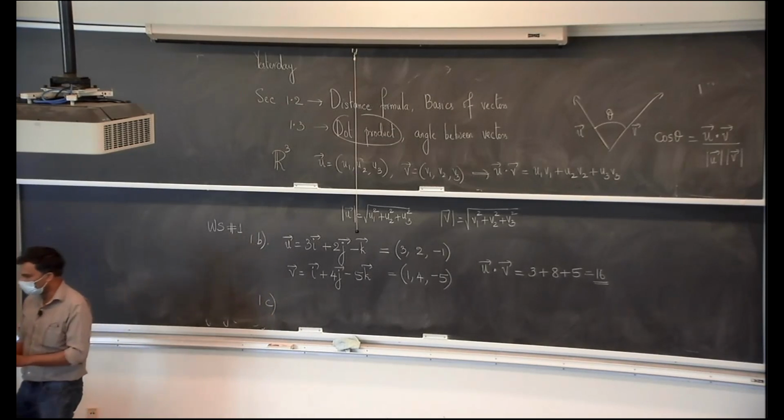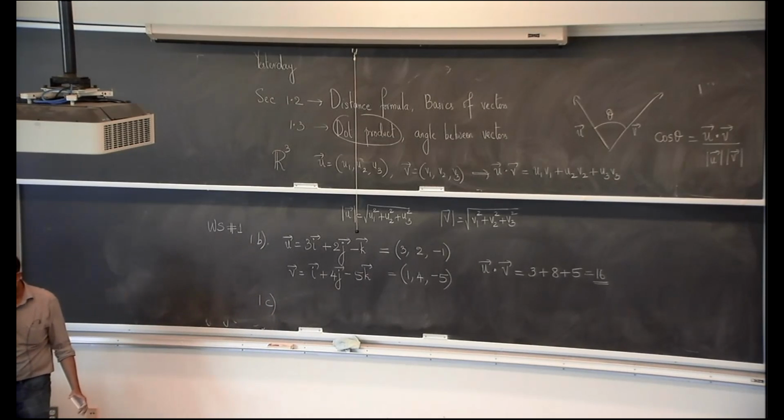And 1C looked a little asymmetric. I minus k and j minus k.